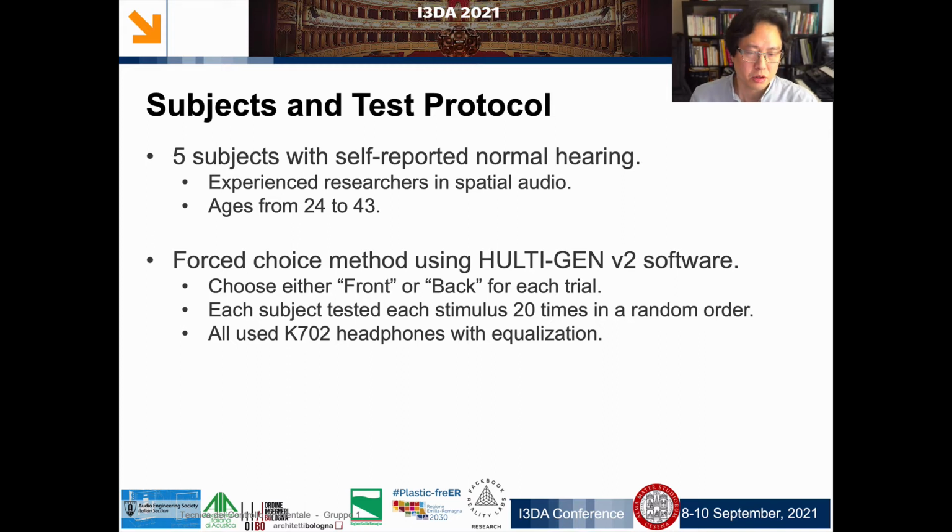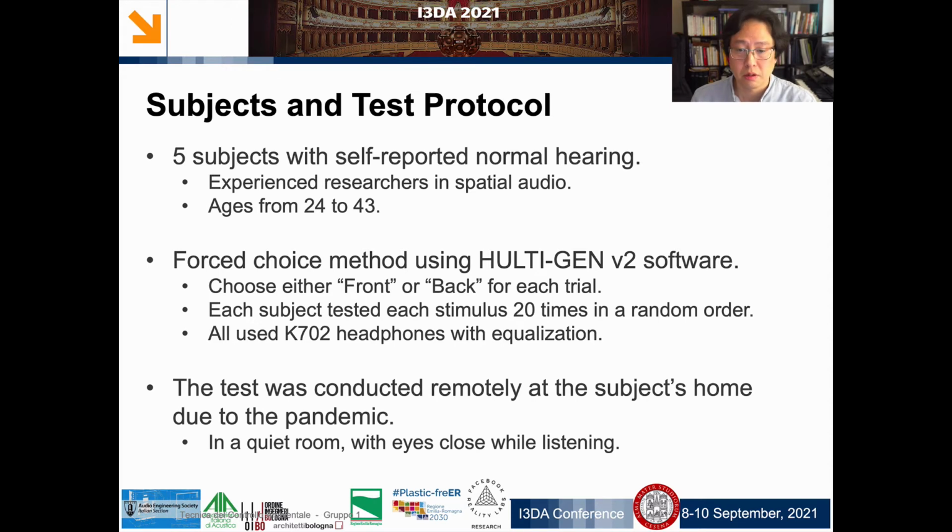The task was to choose either front or back for each trial for a given stimulus. In each trial, the listener was forced to choose either front or back. Each listener tested each stimulus 20 times in total in a random order. Everyone used K702 headphones with equalization applied.